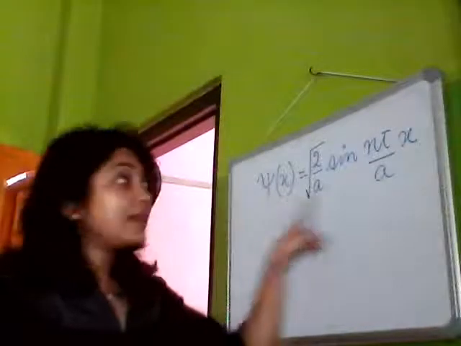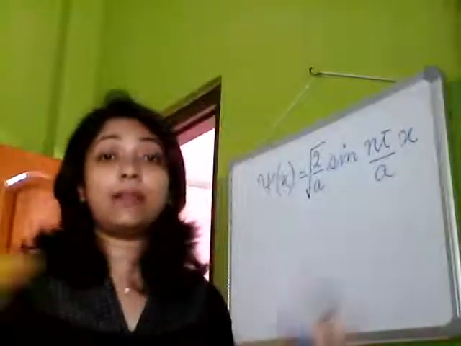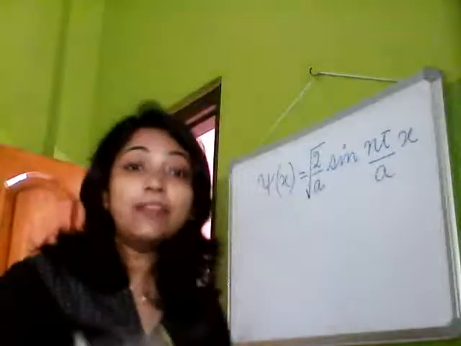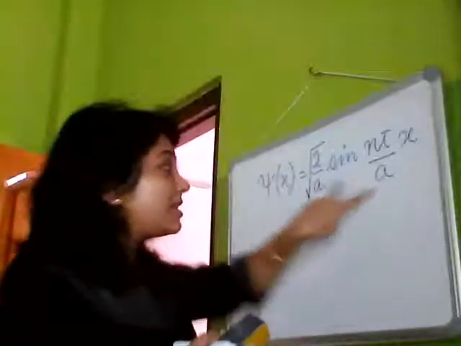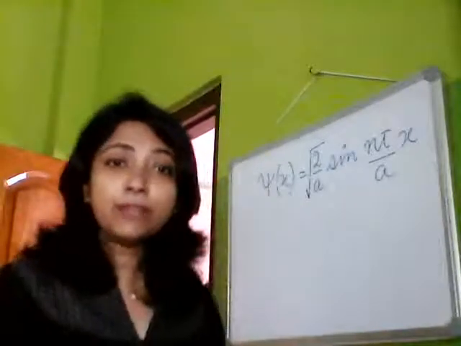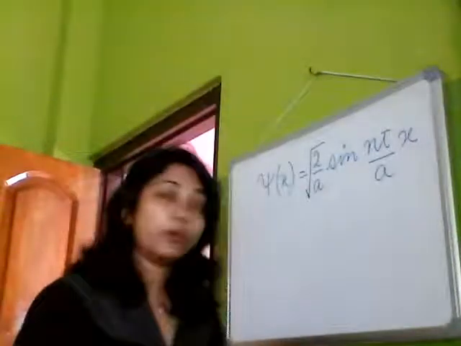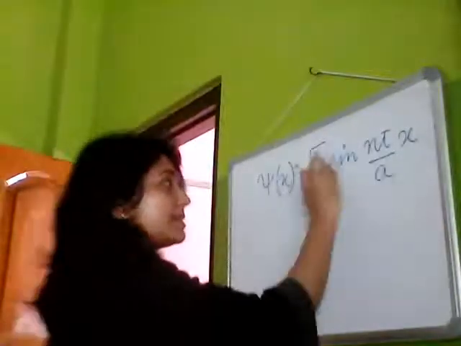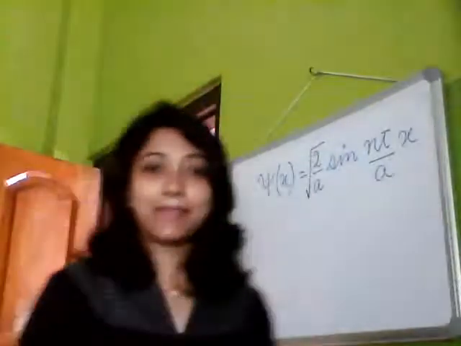This entire wave function is dependent on the dimension of the well. We had defined the well within 0 to a. So larger this a, remember, this wave function will have a different value. This dimension of the well is very, very important, and the function that we are getting is sine, and this is how the amplitude of the wave function looks like.